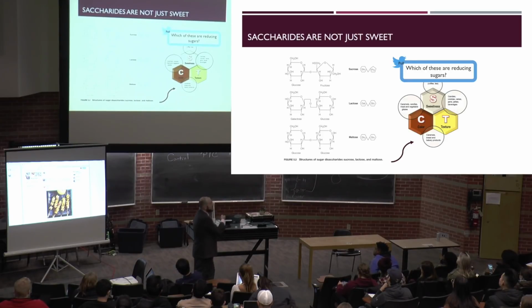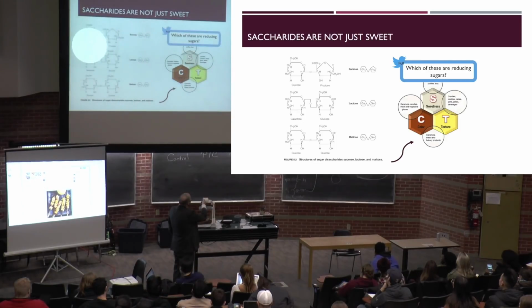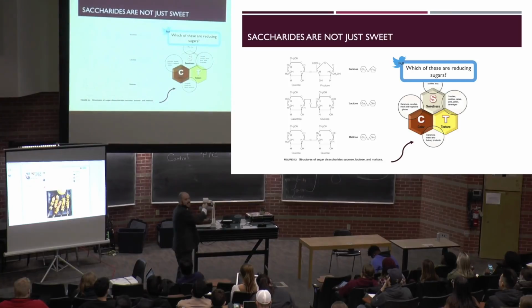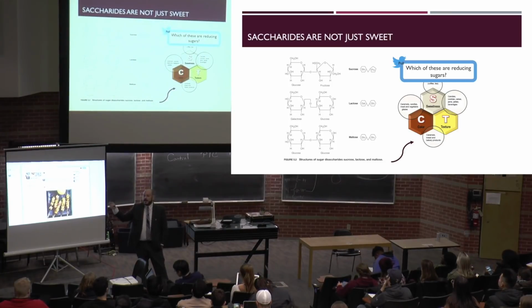Let's look at lactose. So this is our condensed milk. Remember the demo we did with condensed milk? So if we go here, again, we've got a non-reducing sugar. We go over here, is it a reducing sugar? Yes, lactose is able to undergo the Maillard reaction.